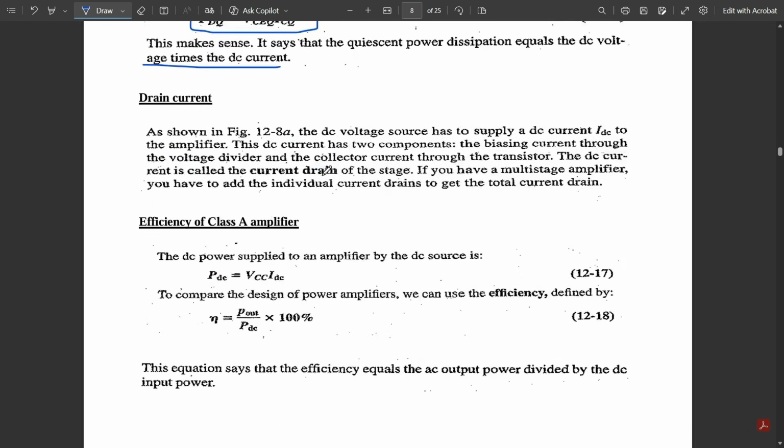Next is the drain current. As shown in the figure, the DC voltage source has to supply a DC current, that is IDC, to the amplifier. This DC current has two components: one is the biasing current through the voltage divider, and the other is the collector current through the transistor. This DC current is called the current drain of the stage, because if you have a multi-stage amplifier, you have to add the individual currents to get the total current drain.